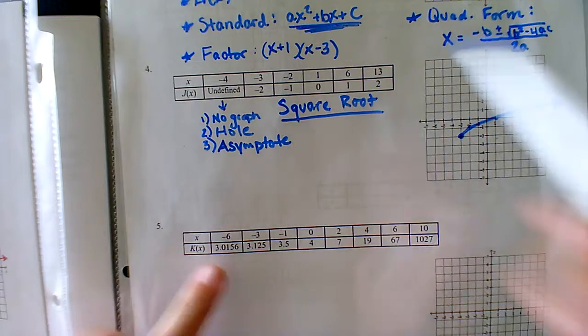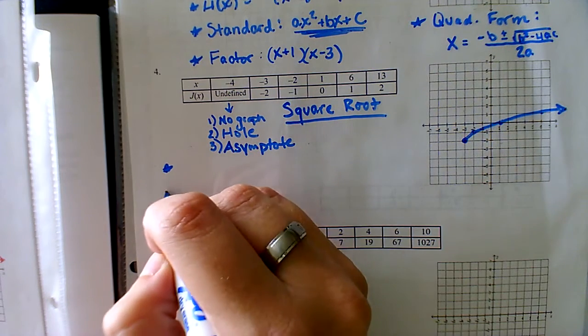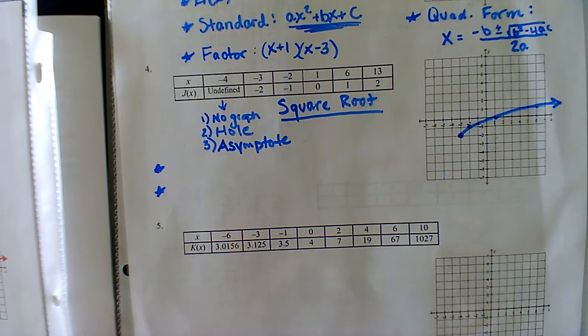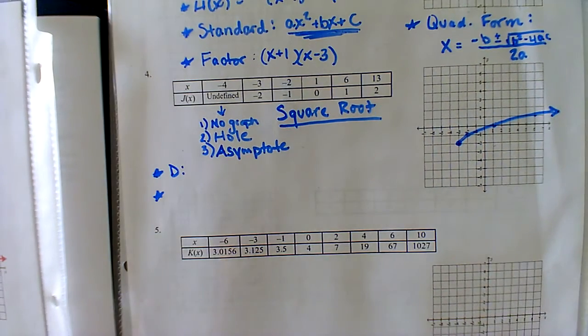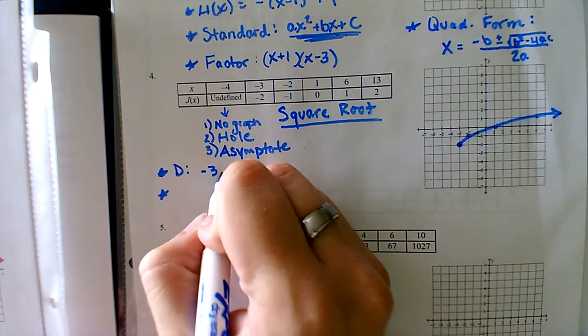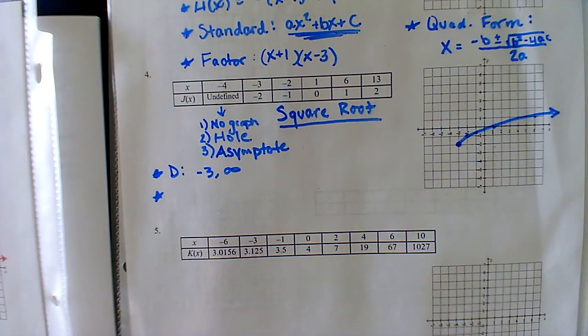Okay, so let's go ahead and write some things down about this square root. What do you want to tackle? Domain, range, what kind of slopes do we have? Do we want to figure out the equation? What do you want to do first? Domain, all right. How far left does our graph go? How far right does our graph go? -3 to infinity. Brackets and parentheses, where do they go?